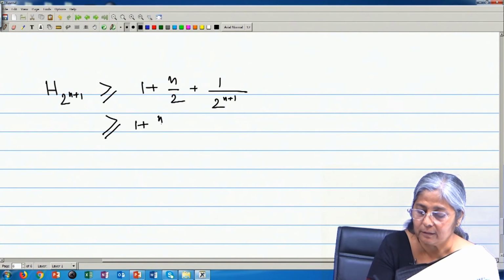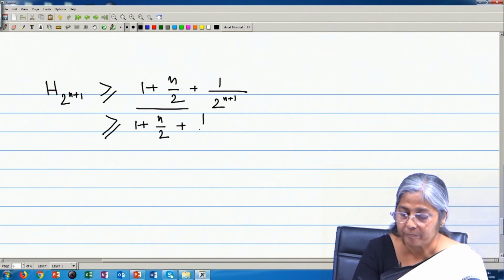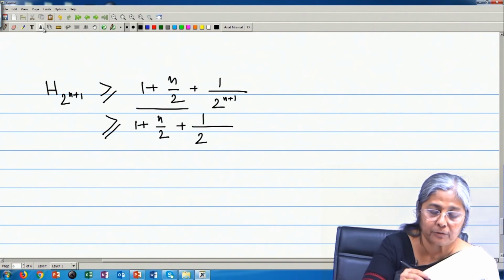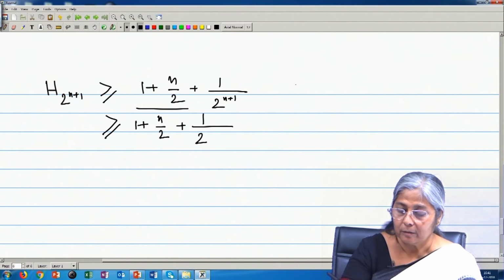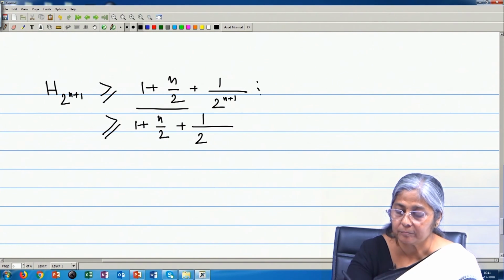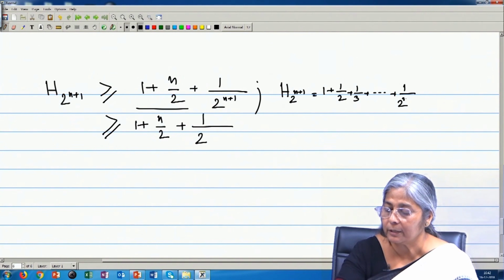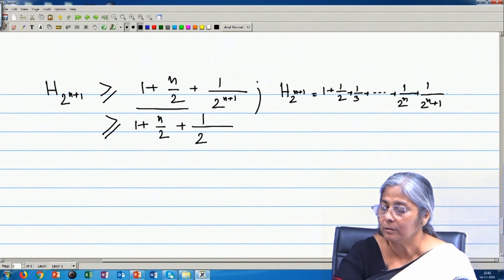So, if I consider my H 2 to the power n plus 1, this will be 1 plus 1 by 2 plus 1 by 3 up to 1 by 2 to the power n, then 1 by 2 to the power n plus 1, 1 by 2 to the power n plus 2, up to 1 by 2 to the power n plus 1.